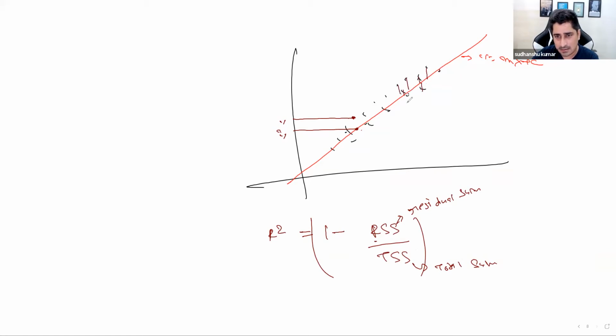If I sum up all these distances, or in a neat and clean way, your residual summation will be this plus this plus this plus this, all these red marks. If I calculate the summation of all these red marks, because each is a distance it is representing, there will be a coordinate x1, y1 or something like that. Can I say that I will be able to find the distance between these two?